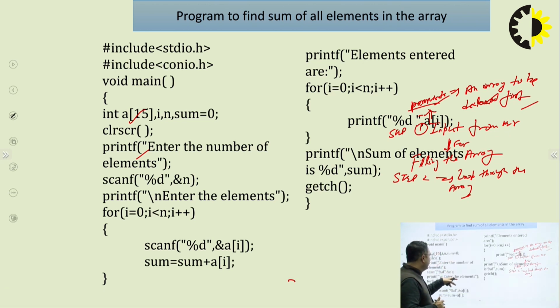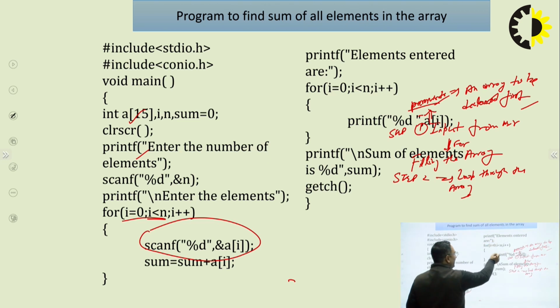So you are taking that element size, then till that element size you are scanning the elements, right? And the logic is written only here, but you can exclude this logic from here, and while printing the array you can have this logic there. You can do either way.